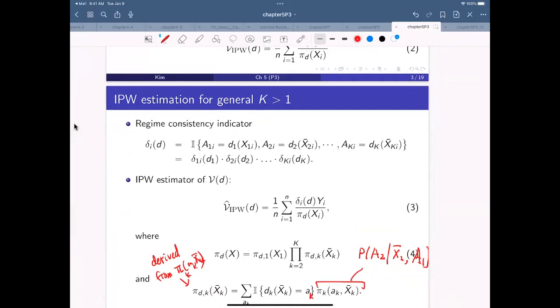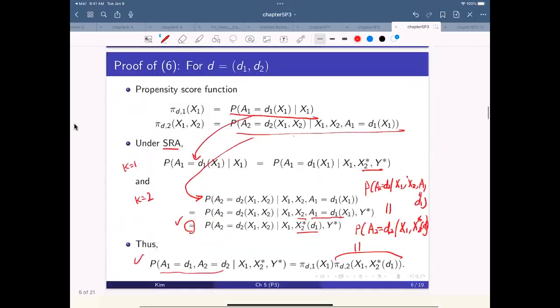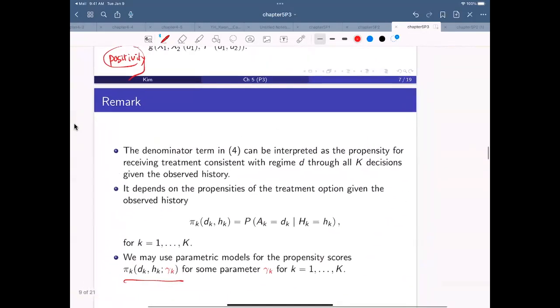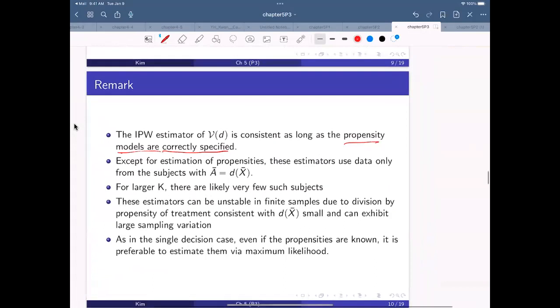But then the probability in the denominator will be very small, so overall it cancels out, but it may have high variance. That is one of the disadvantages. For large K especially, there are very few such subjects, so it can be unstable because of the large variance when the denominator is small.